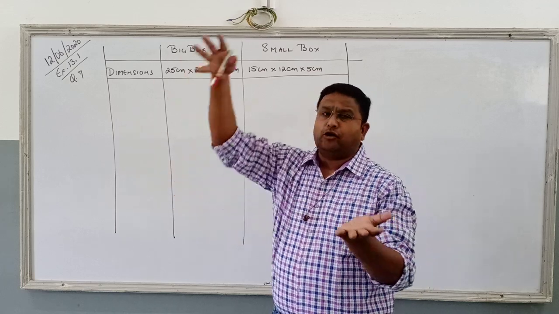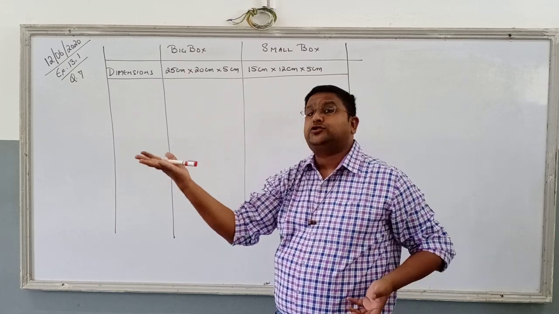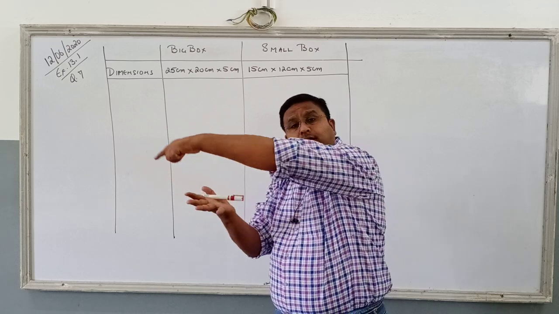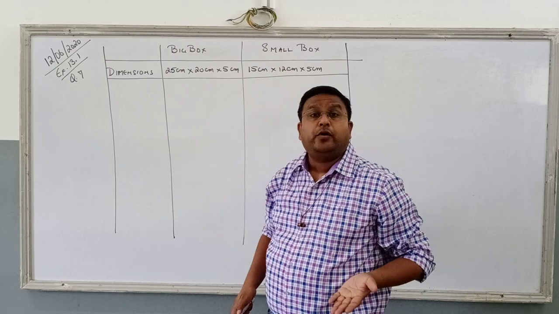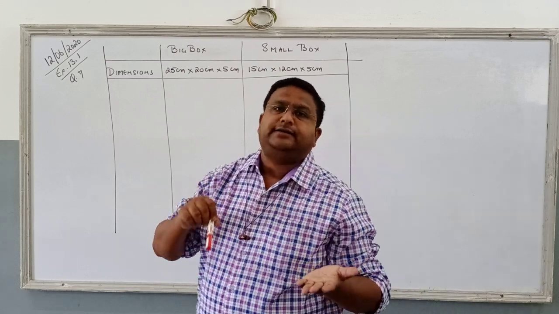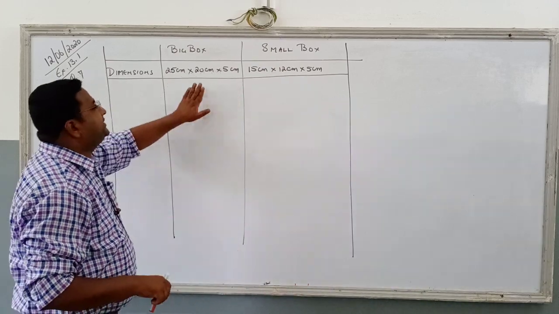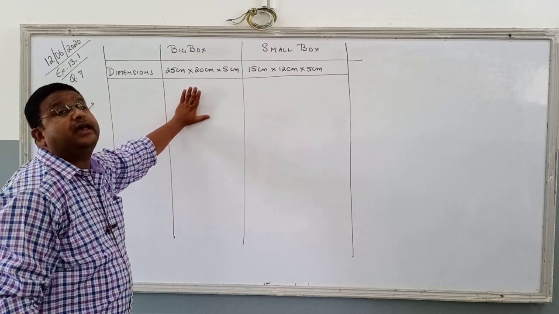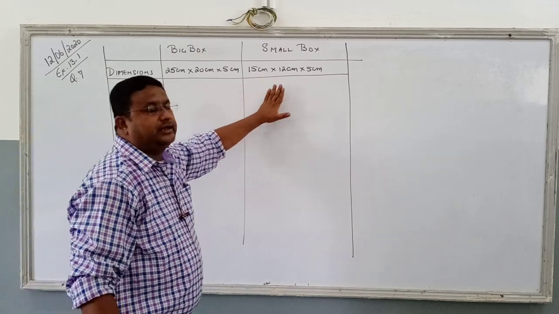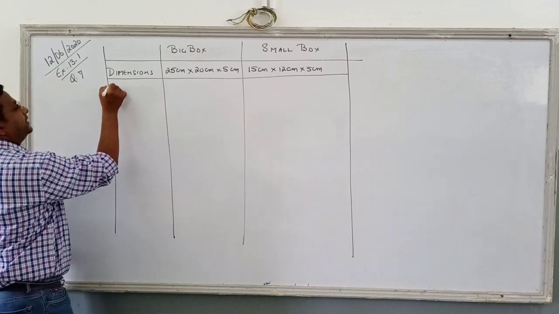And the cover also has 5 faces, 4 walls and the top. When we place it, the box is overlapping at the 4 walls. So in the same way, we will find the total surface area of each of the boxes.